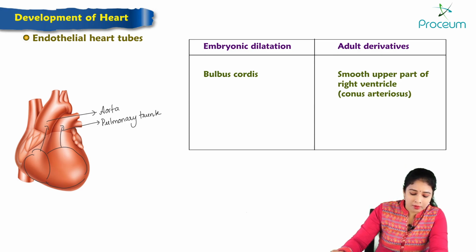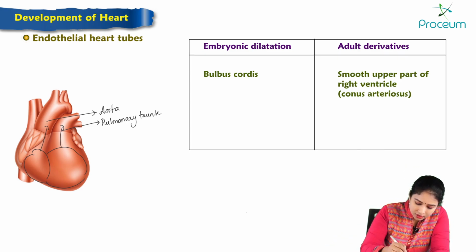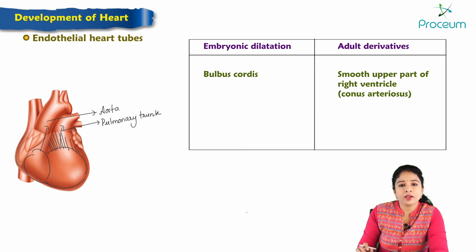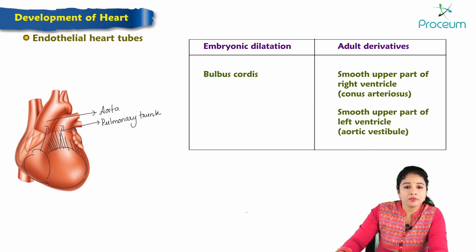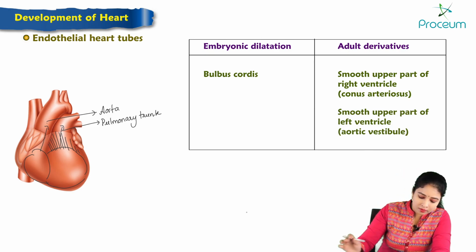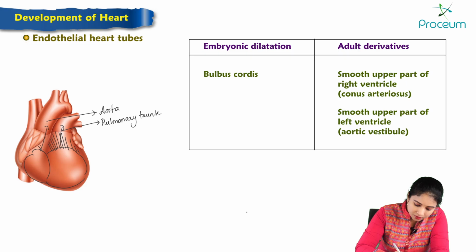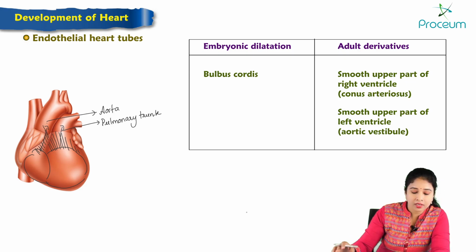This is the right ventricle, which continues into the pulmonary trunk. The smooth part internally is derived from the conus arteriosus. The smooth upper part of the left ventricle is from the aortic vestibule.